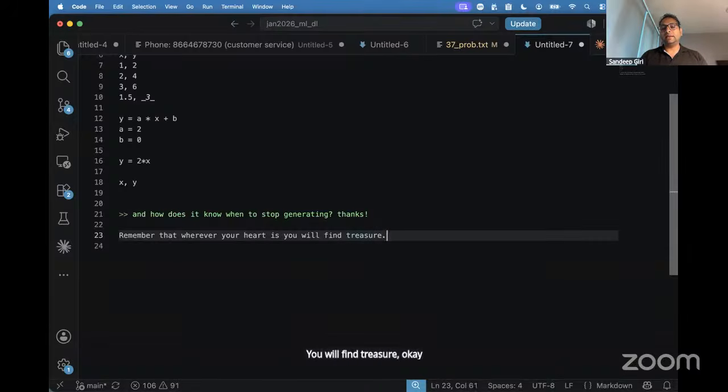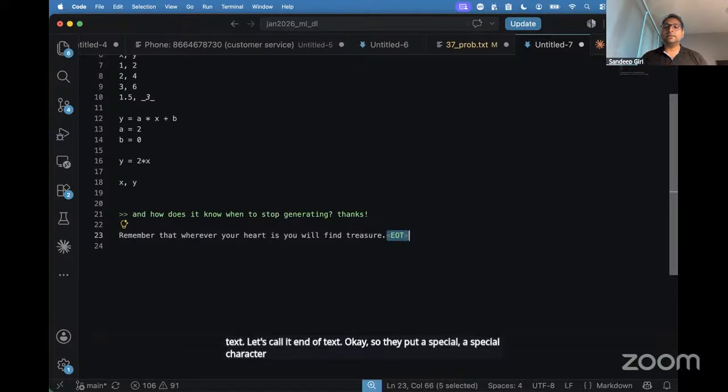And then you have here what is called end of text. Let's call it end of text. So they put a special character here saying that this is the end.